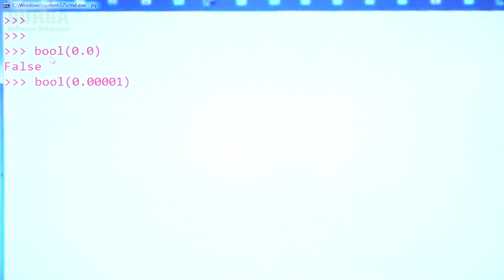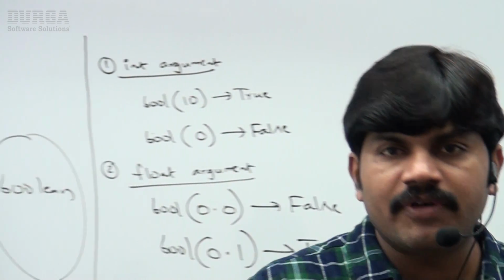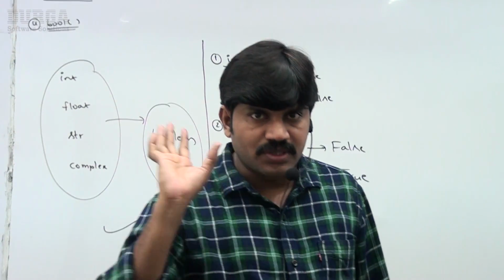Very small value, but it's not 0, that's why true is the answer. Bool of minus 0.00001, still it is true only because it is not 0. So clear, right? If the total value evaluates to 0, then it is always false. Non-zero is always true, sir.